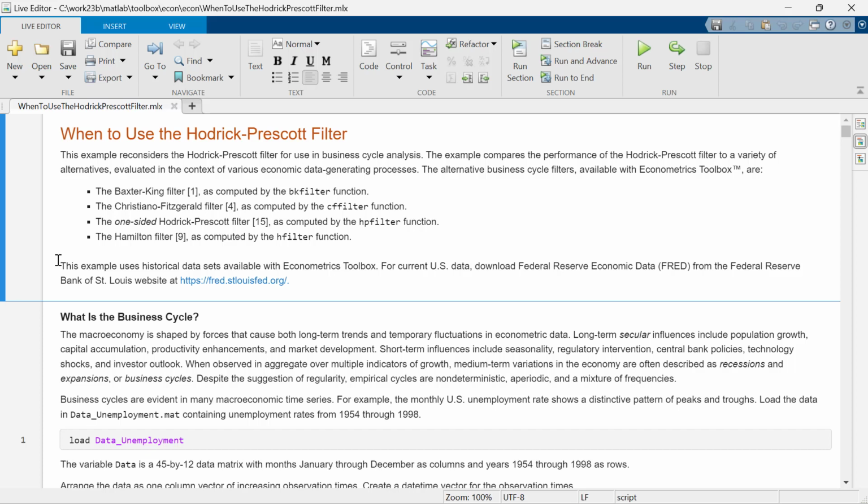They're perfectly representative of the kinds of economic data that you would use these filters for, so they'll allow us to demonstrate how these filters work. If you'd like more up-to-date data, we recommend going to the FRED database, the Federal Reserve Economic Data database, that's maintained by the Federal Reserve Bank in St. Louis at this website.